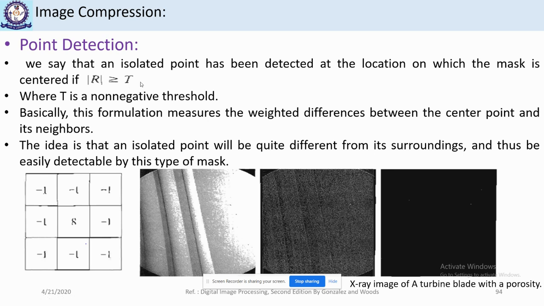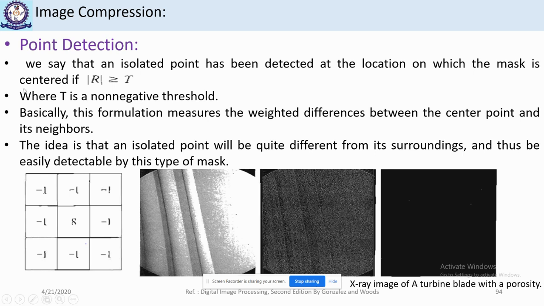That means we take the mask, we run it through the image, and if at a particular location the response of the mask is greater than a particular threshold value, then we say that there is an isolated point at that particular location.